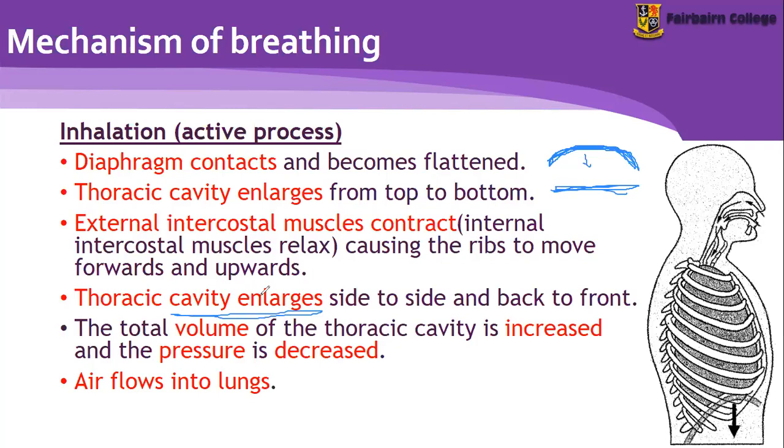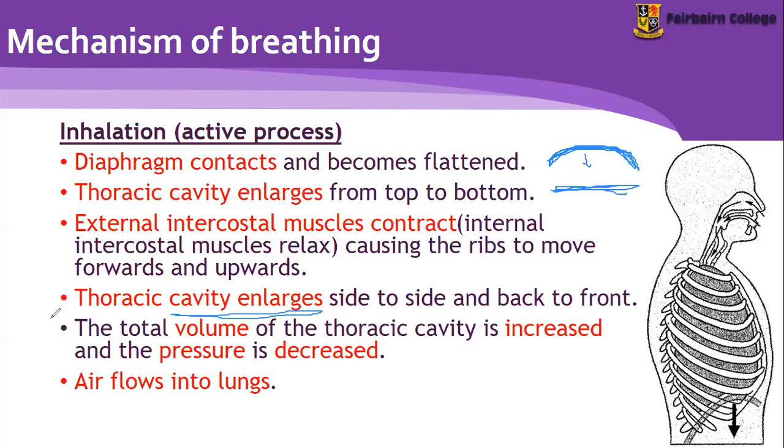So two things happen to enlarge the thoracic cavity. The diaphragm contracts and moves down, and the external intercostal muscles contract to move the ribs forwards and upwards. But again, we'll recap this so you'll get used to this terminology and all of this information.